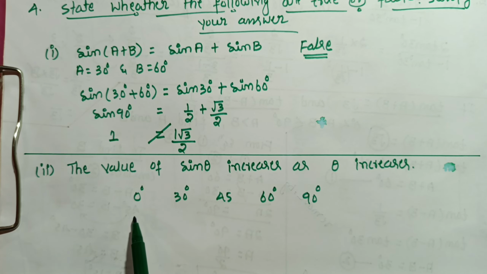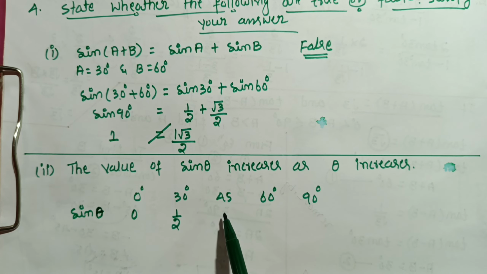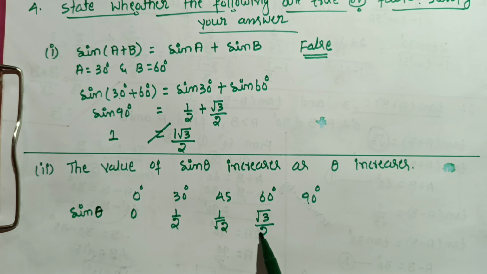So now for this I will write the values. Let me take it as angle or theta. So now what is 0 degree? 0. 30 degrees 1 by 2. 45 degrees 1 by root 2. 60 degrees root 3 divided by 2. 90 degrees 1.